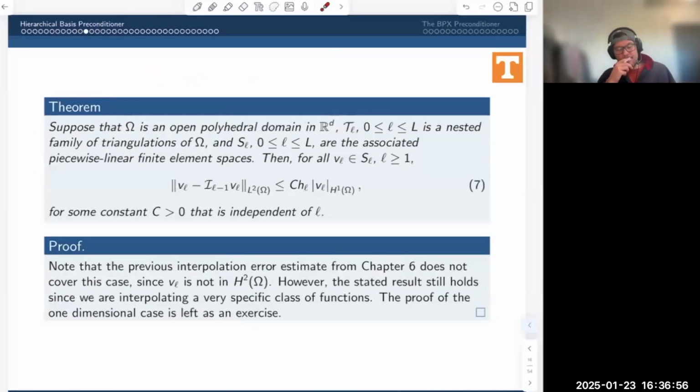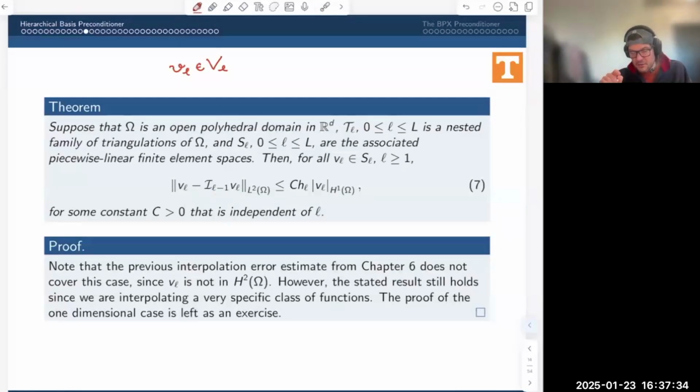Here's another one. So this is what's called an interpolation error estimate, but it's a really, really kind of non-standard interpolation estimate. And here's how it goes. Suppose I want to measure the error in interpolating a finite element function, but I'm going to use the interpolant at the space which is just coarsened to the space where this function lives. So this function, v_L, is a finite element function which lives in the space capital VL.